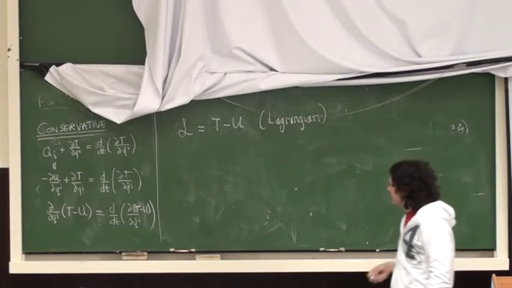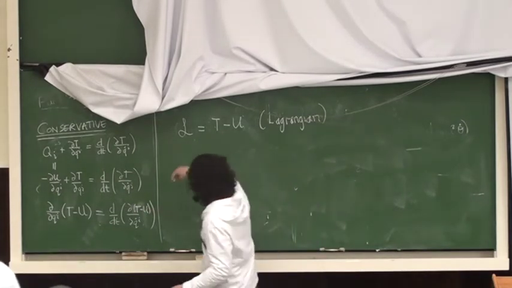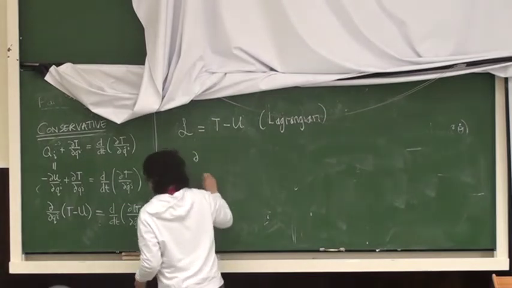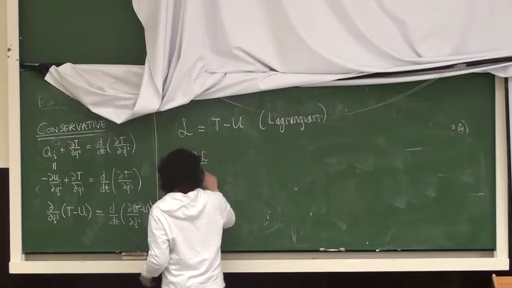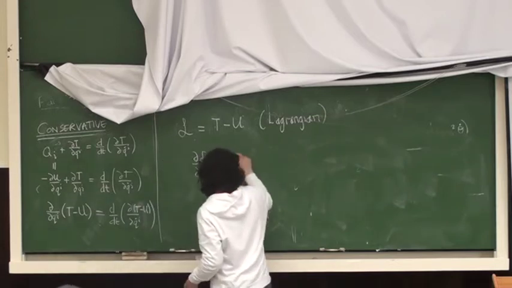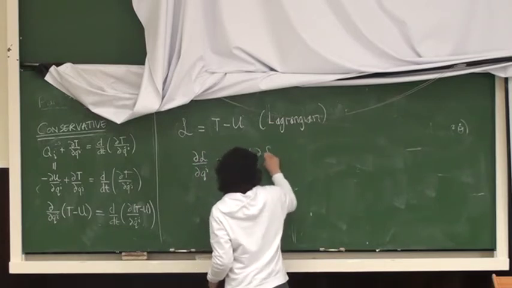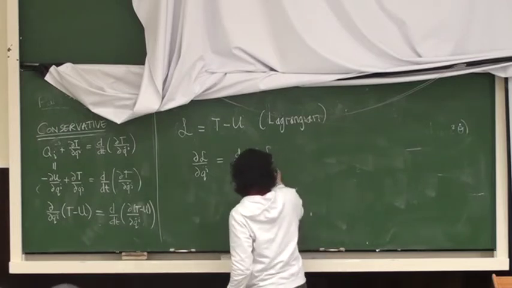So let's have a look at how the equations look when we write them in terms of the Lagrangian. Well, we've got it there, but let's write it out here. Del L by del q is equal to d by dt of del L by del q dot.